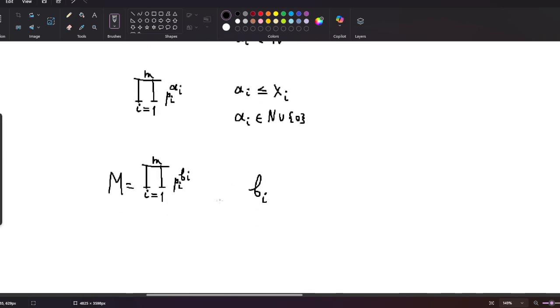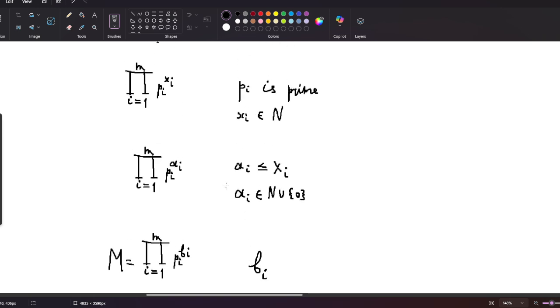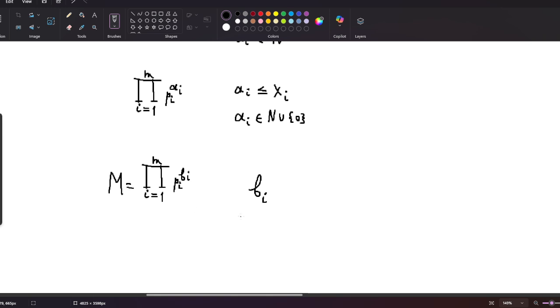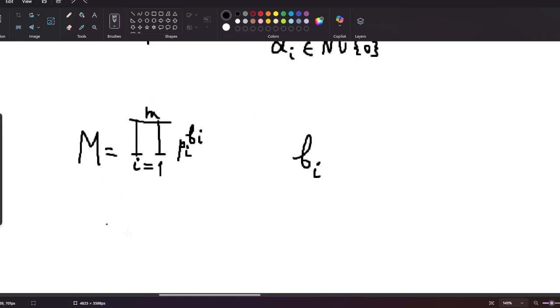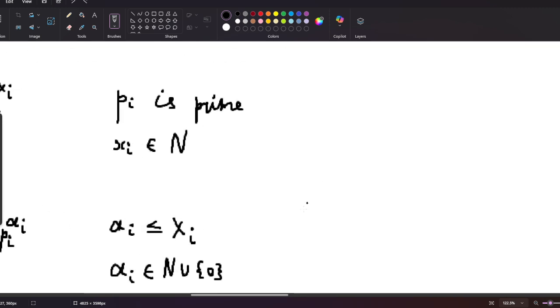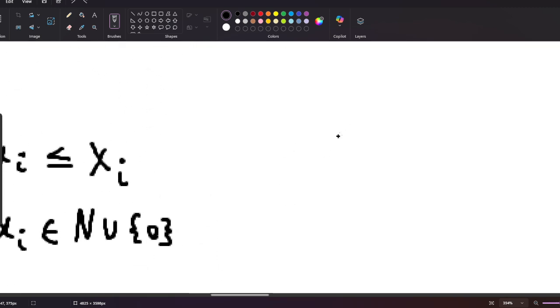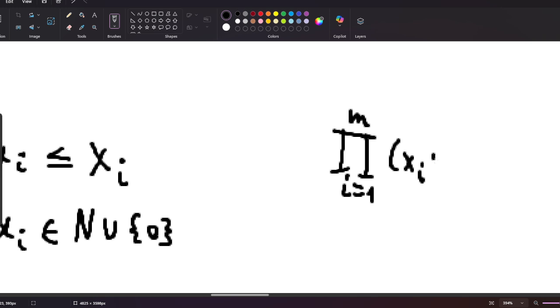Let's begin with finding the amount of divisors this number has, for convenience's sake; you'll see why in a second. The amount of divisors the number has is going to be the product from i equals 1 to m of x_i plus 1.